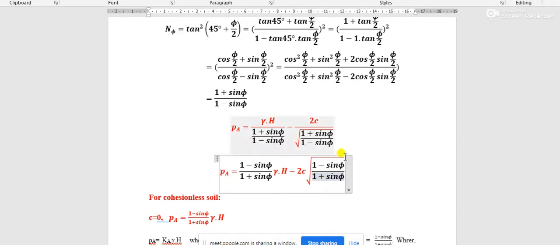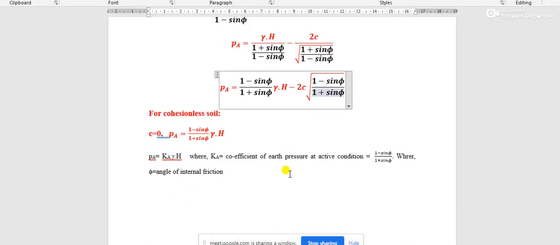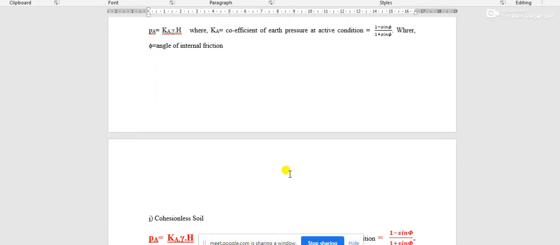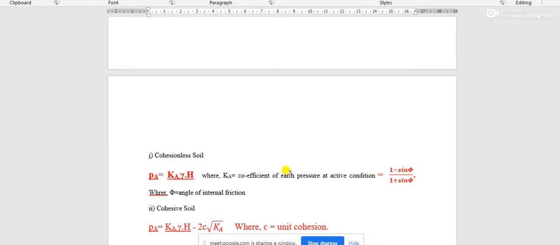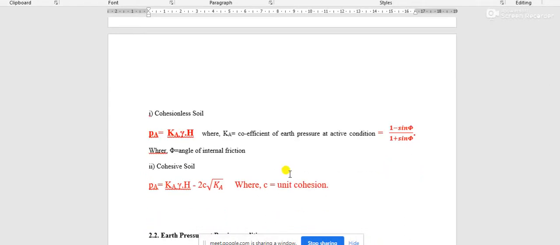This is the general equation for a general type of soil where the values of C and phi are given, and we can use this general equation for the problem we are going to discuss. And this is the equation for cohesive soil where the value of C is not equal to 0, that means there is a value of C given.